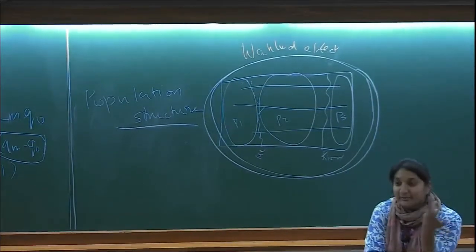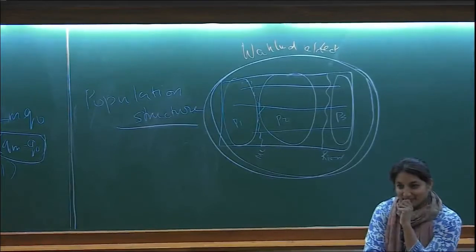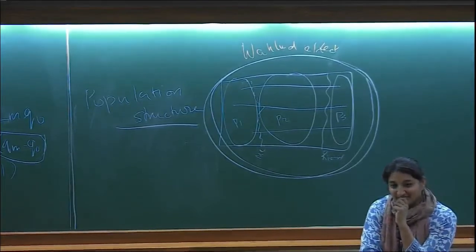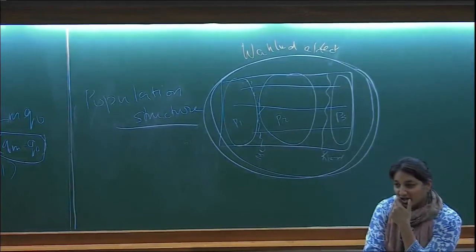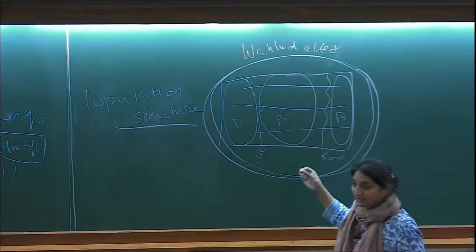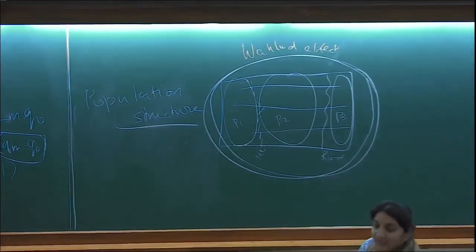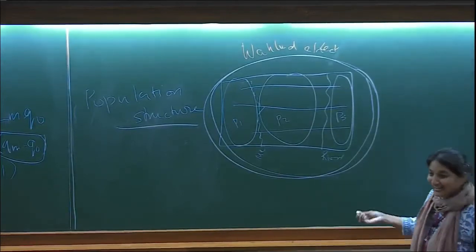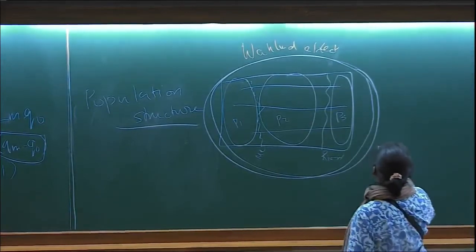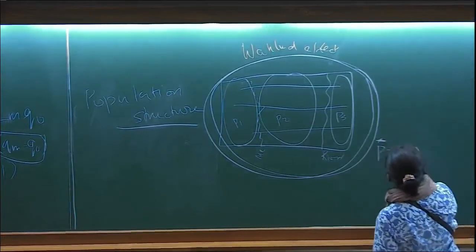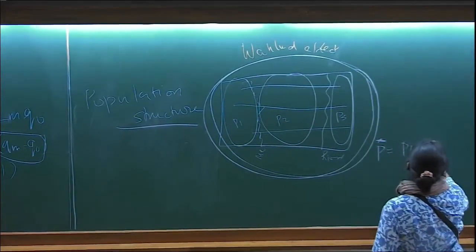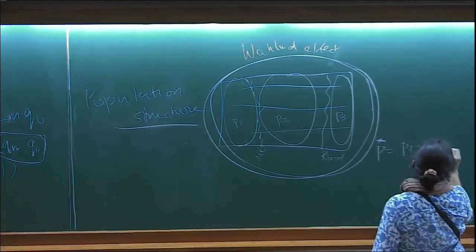What would you think that P would be? Yeah, it's the average, right? So you would think that P would be basically P1 plus P2 plus P3 by 3.